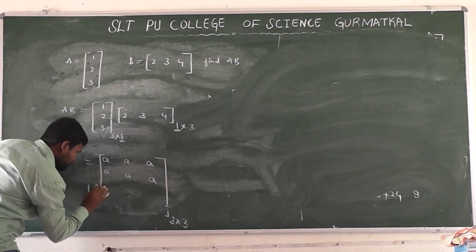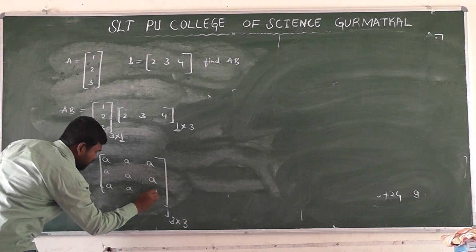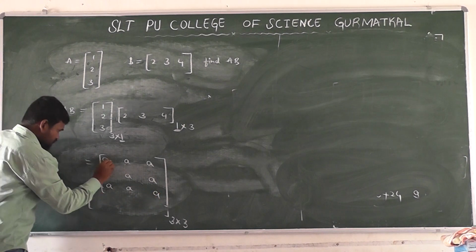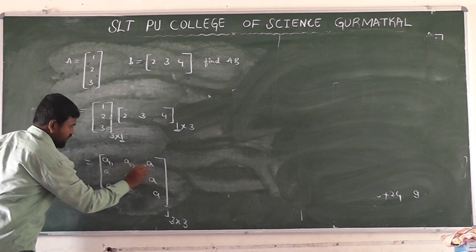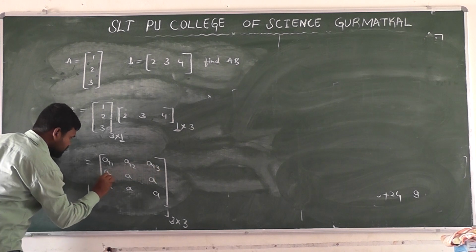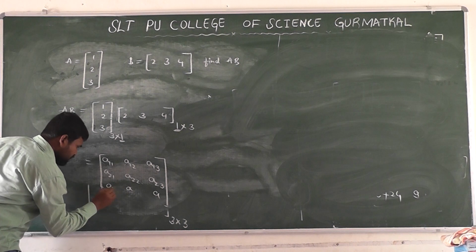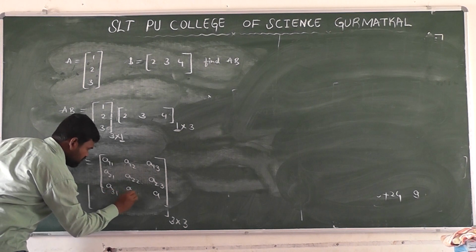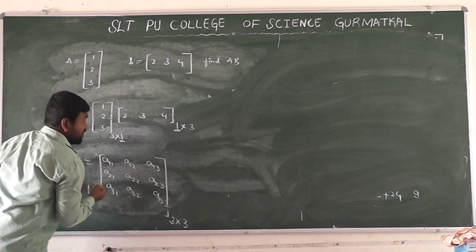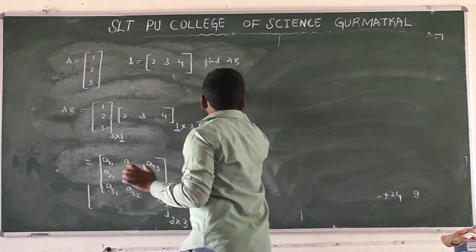Generally, first row first column, first row second column, first row third column, second row first column, second row second column, second row third column. Next, third row first column, third row second column, third row third column. Right? Really easy.